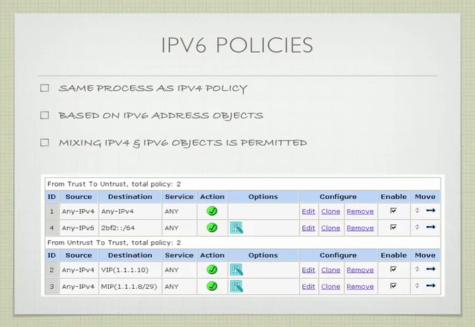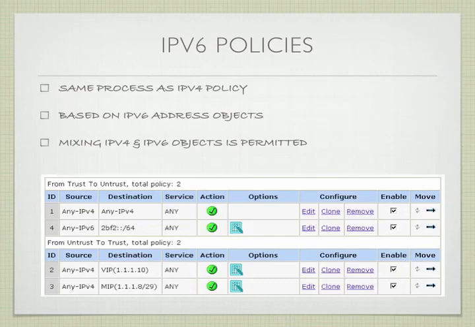2BF2::64, this, of course, can be any name. I've just used the IPv6 address as the name of the address object. That could say web server, that could say ISP, that could say data center, whatever the name of the address is. This is just for demonstration purposes, showing that it's an IPv6 address in that address object.